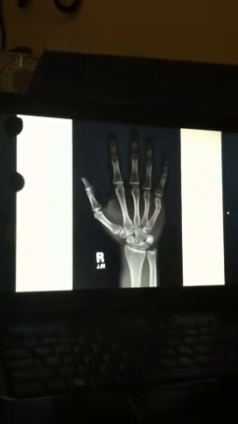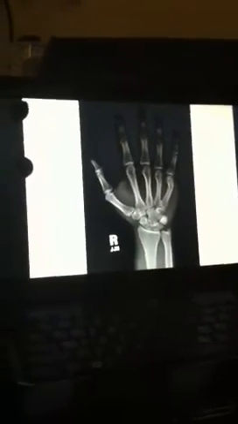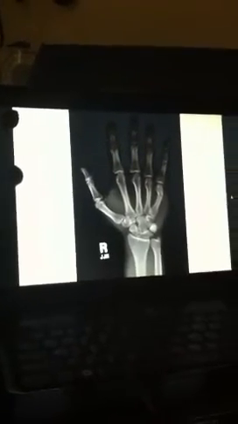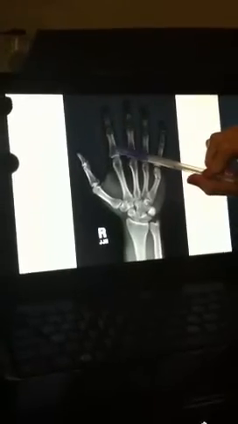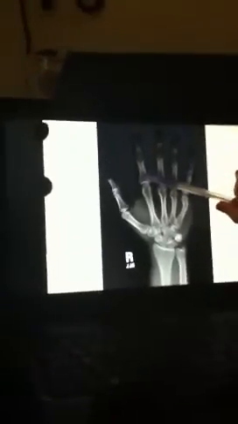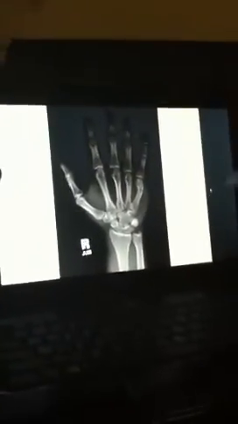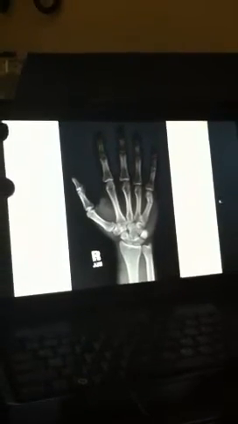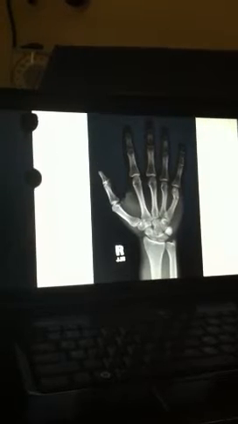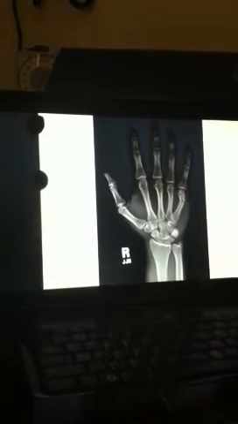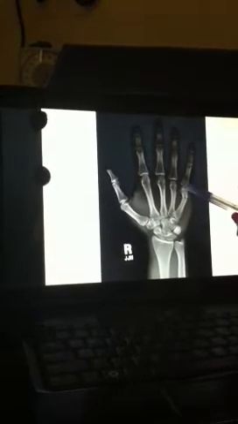If this were asked, you would say second proximal phalange, or phalanx. Phonetically speaking, it's phalanx. We'd probably accept phalange though. So what is this?